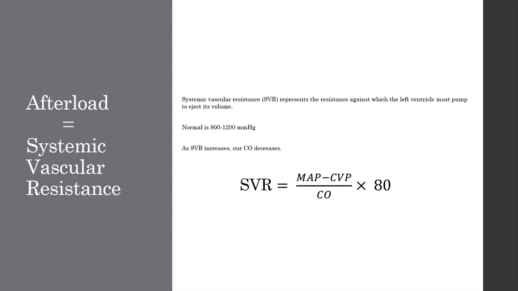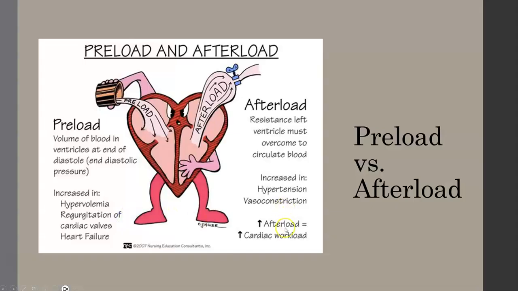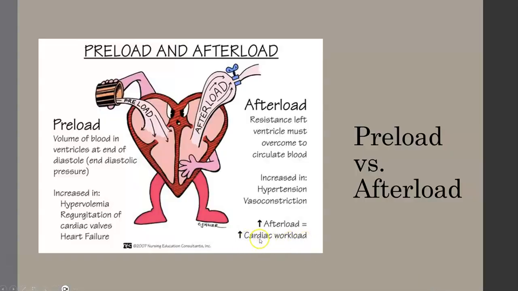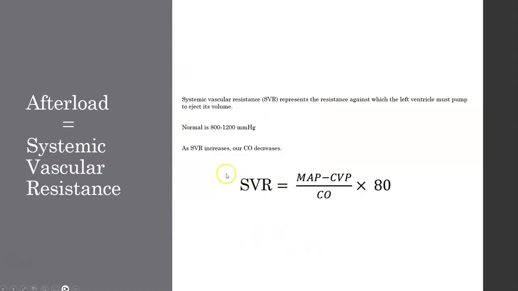So think about that. Let's go back to the slide. So we have an increase in afterload, or SVR, which is going to in turn increase that cardiac workload, and then we're going to see our cardiac output decrease.